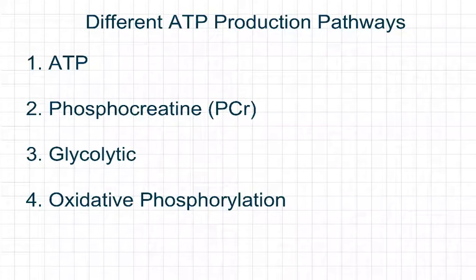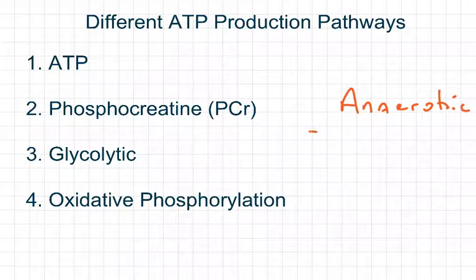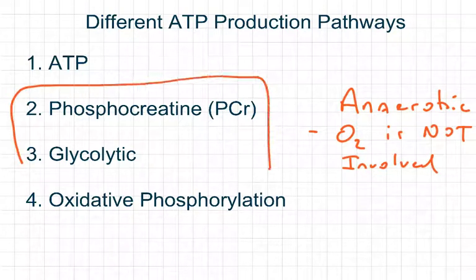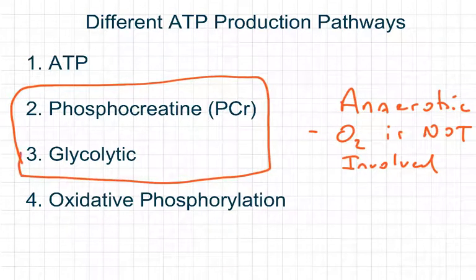The ATP production pathways can be broken into two categories. The first being denoted as anaerobic. And what this means is oxygen is not used with ATP production. The phosphocreatine and the glycolytic pathways are considered anaerobic because they do not utilize oxygen in their pathways to create ATP.